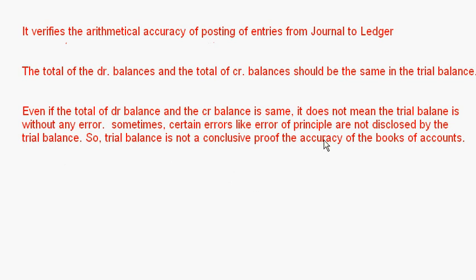This error of principle and all we will be taking up in our next chapter, which is rectification of errors. So as of now, you just understand that even if the trial balance does tally, doesn't mean that it is perfectly correct. There can be some errors. But as of now, we should stick with this, that the total of the debit balances and the total of the credit balances should be the same in the trial balance. That verifies the arithmetical accuracy of the posting of entries from journal to ledger.